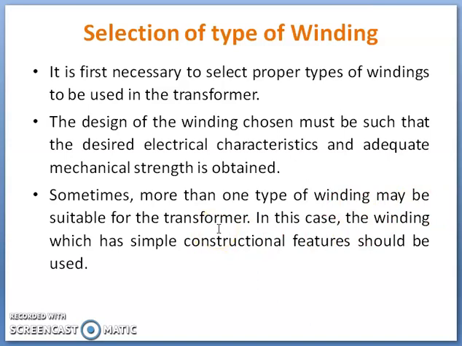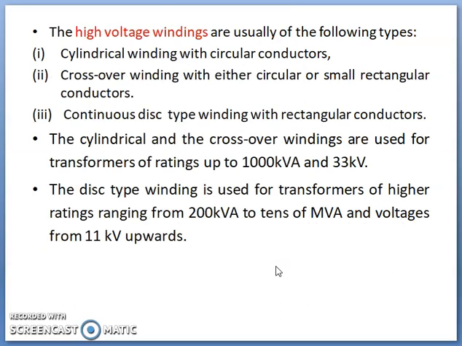There are so many types of winding, and when more than one type is suitable, the winding which has simple constructional features should be used. The designer should go for the type of winding which is very easy for design purposes.